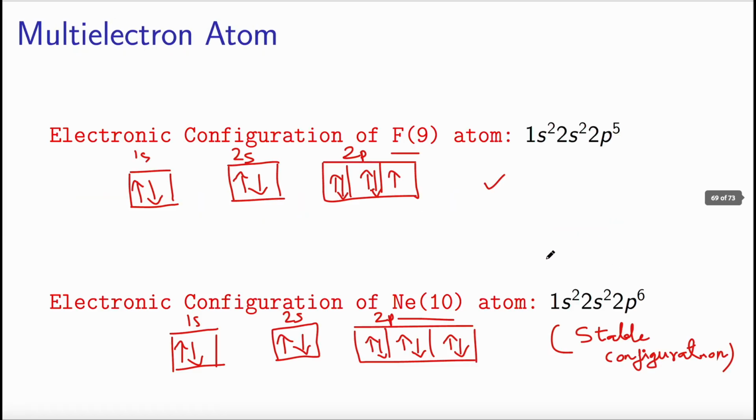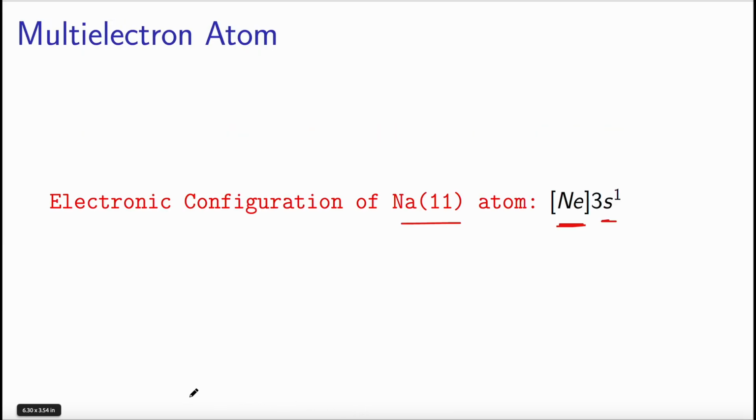So neon we have already done, and then 3s1. 3s1 means the 3s orbital, and here we put one electron, say, in the up state. So this is the electronic configuration of sodium. And this is how we can arrange the electrons in an atom in its ground state.